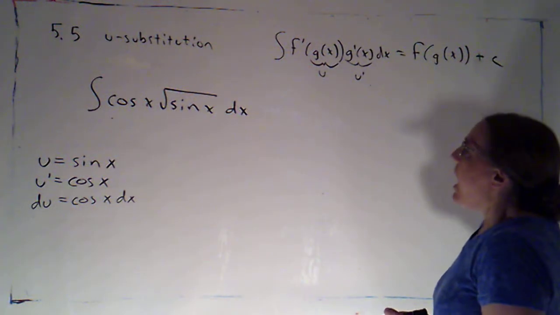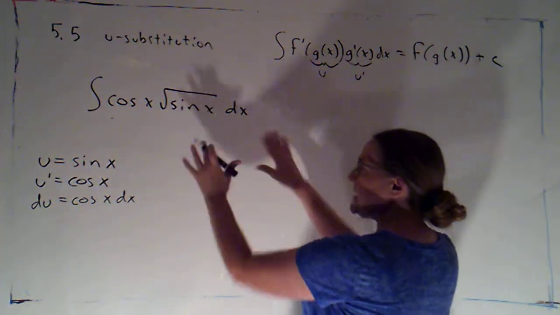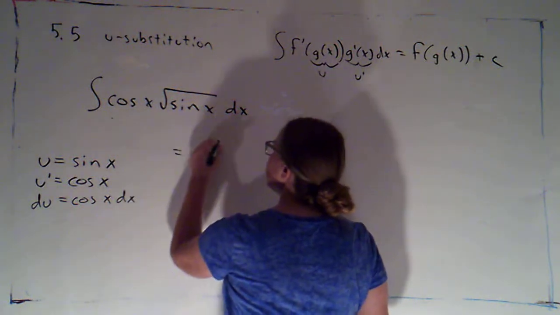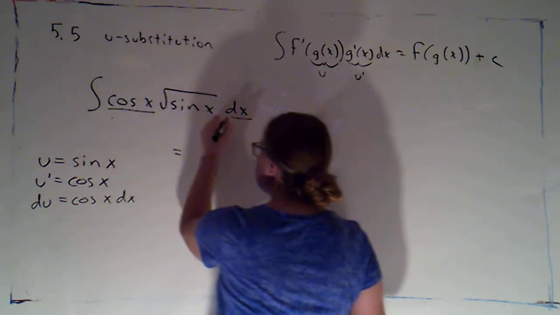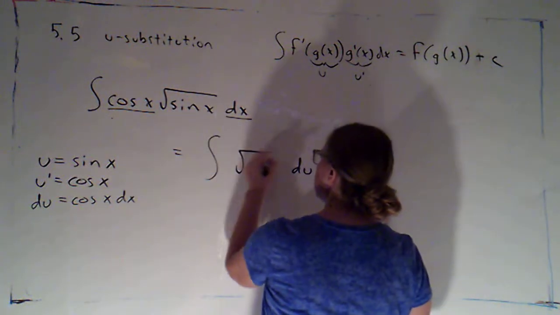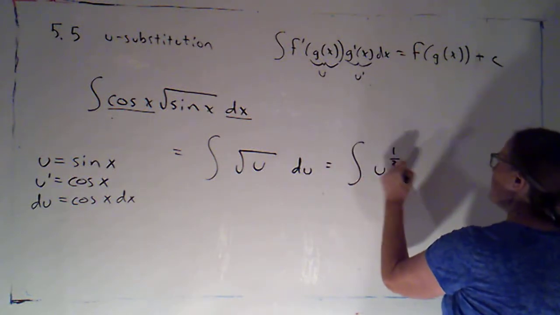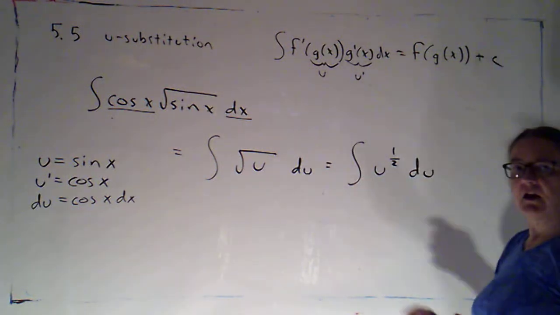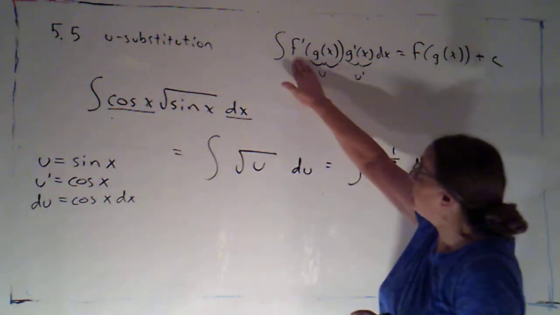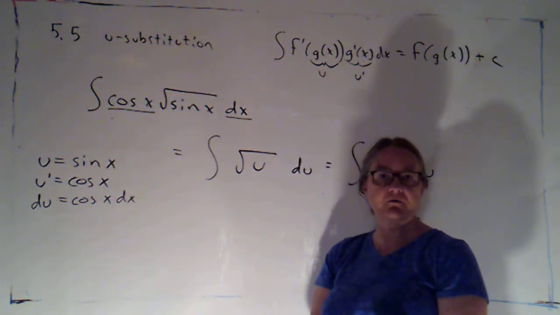Okay. All right. So with that, I'm able to rewrite my entire integral now in terms of u. I can say that the cosine x and the dx together form a du, and this is just the square root of u, which if I wanted to, I could rewrite as u to the 1/2. So remember, when we did this problem before, we had figured out that f prime, the function we were plugging sine into, was the square root function.